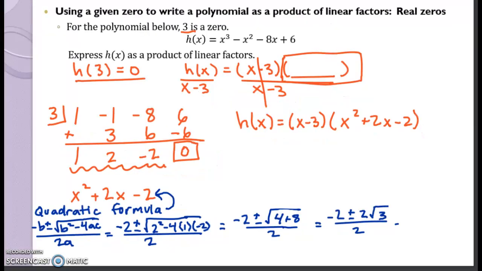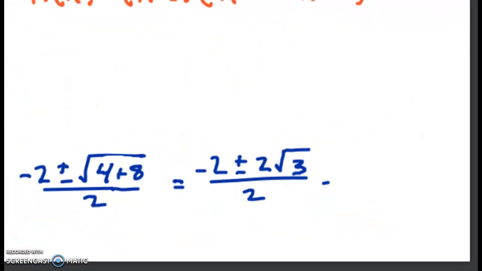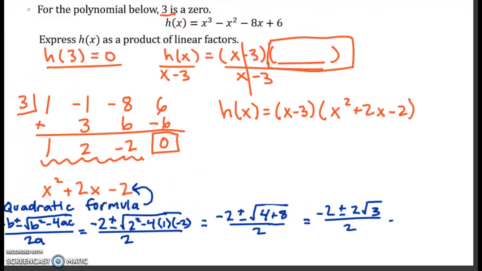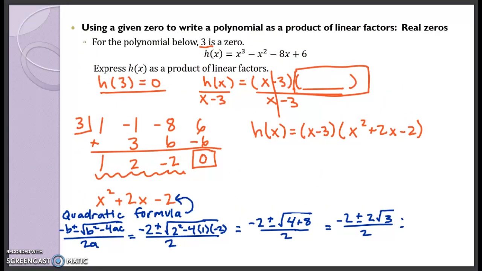And this ends up equaling negative 1 plus or minus the square root of 3. So that means those are the zeros of this portion, right?